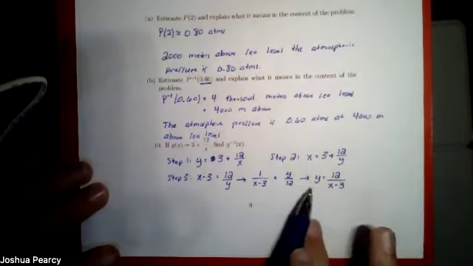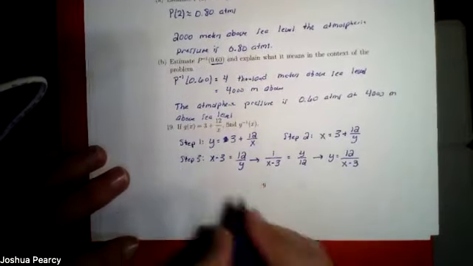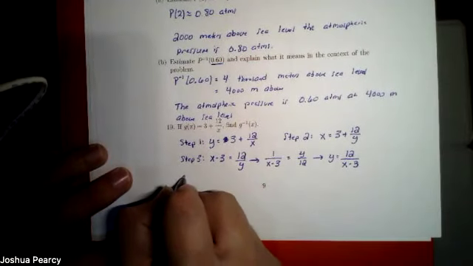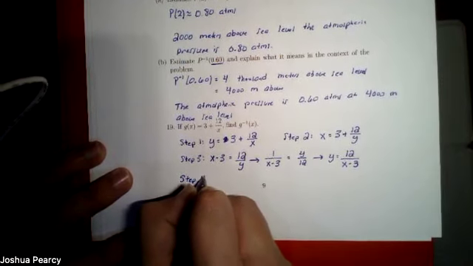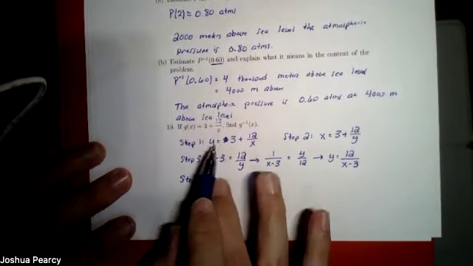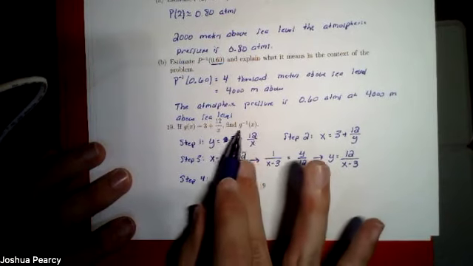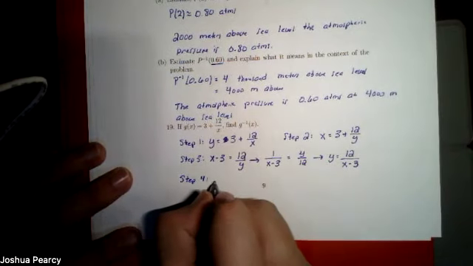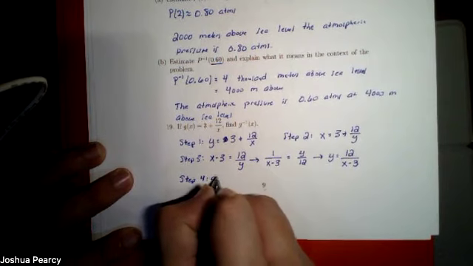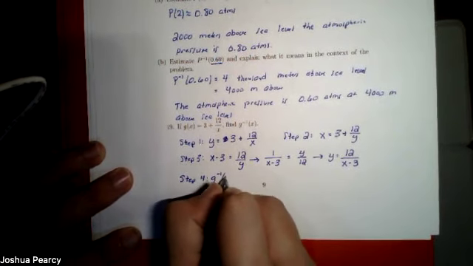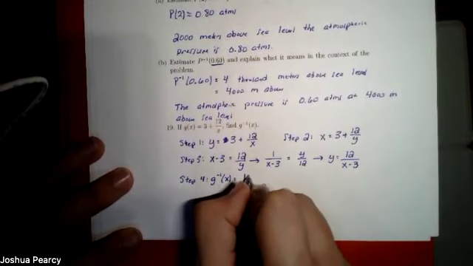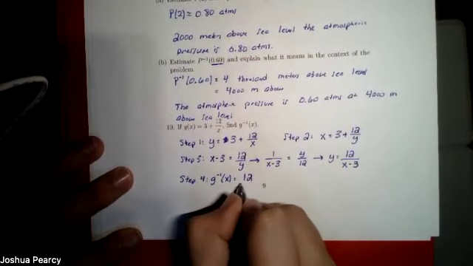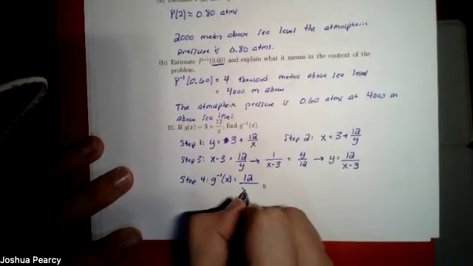So now I've solved for y in my third step. Now my fourth step was to rewrite this using inverse function notation. So here I replace this y with g inverse of x. So g inverse of x is equal to 12 divided by x minus 3.